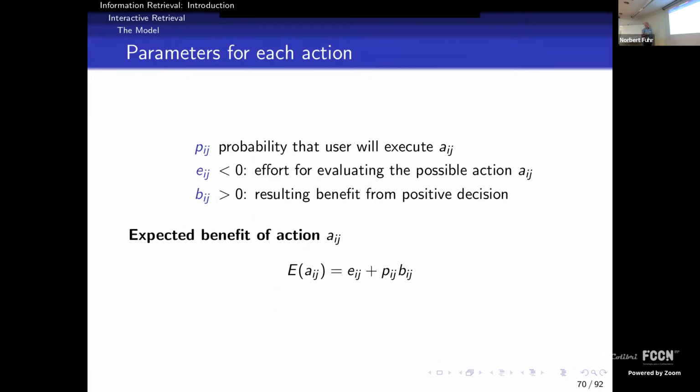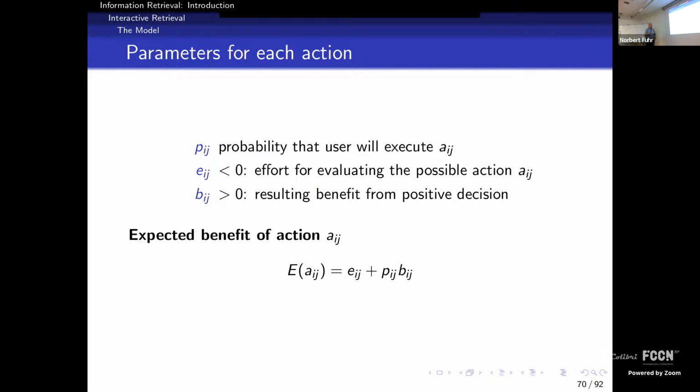So for each action, we estimate the probability that the user will execute this action. Then we have a certain effort, so we are computing benefit. The negative value of effort for evaluating the possible action, and we have a positive benefit from a positive decision.